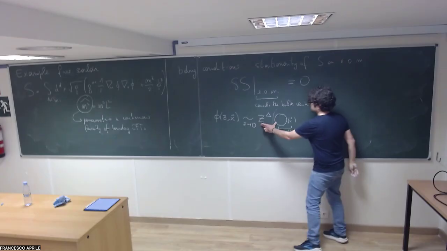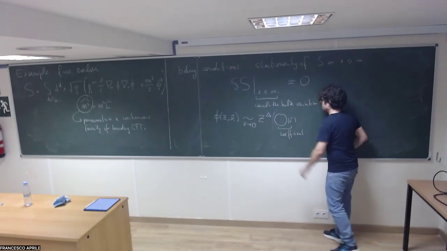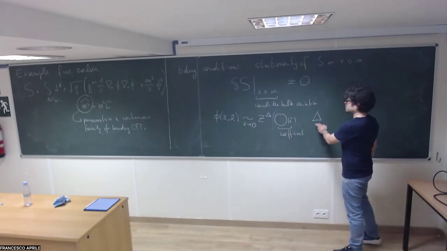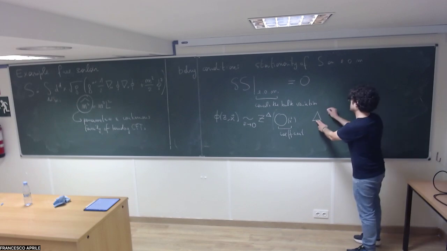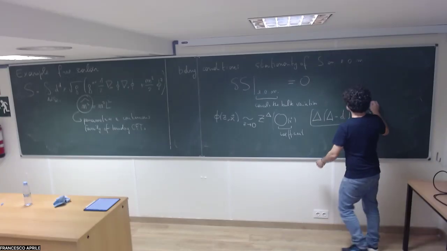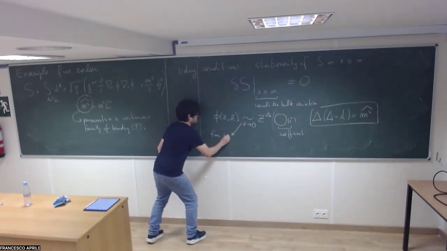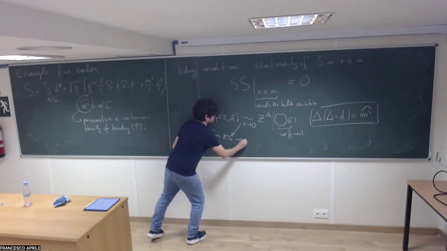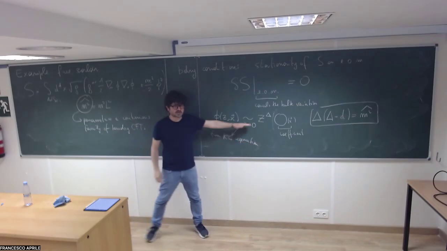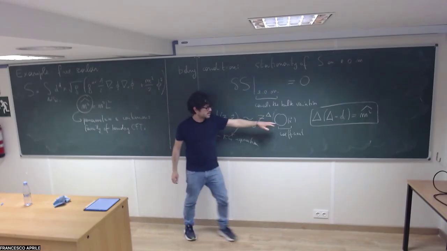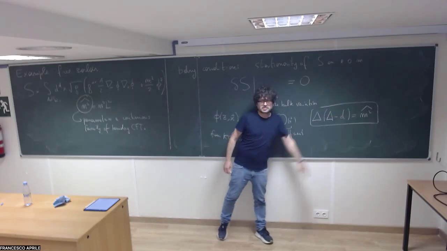So this is the leading boundary asymptotics of your field, where this power delta satisfies this algebraic equation. This comes from Klein-Gordon. For some reason I didn't write it down, but if you want, you can ask me about the derivation. But you just get this constraint.